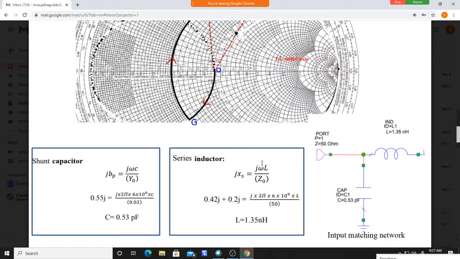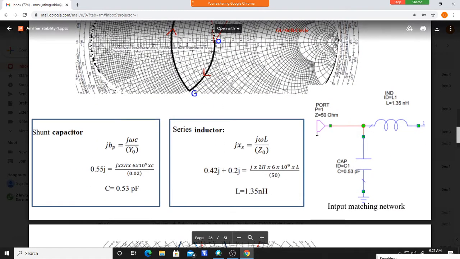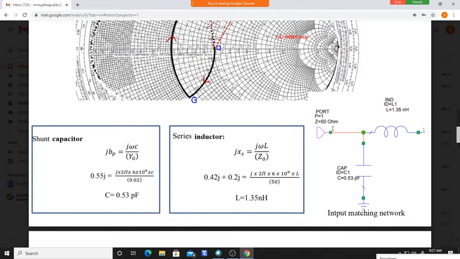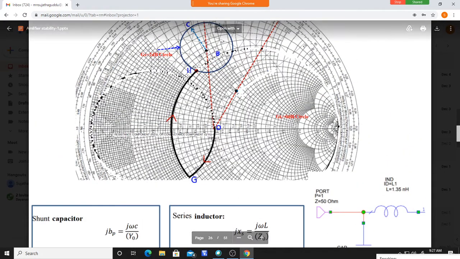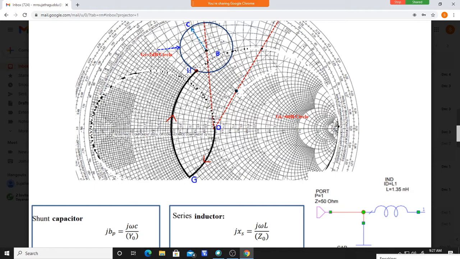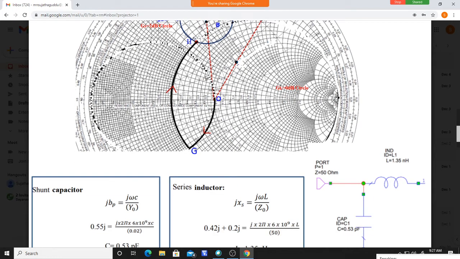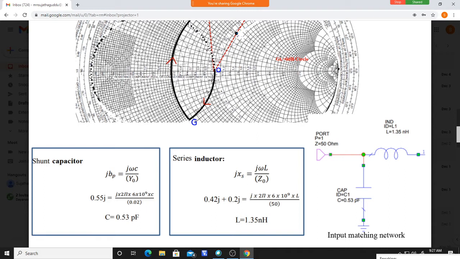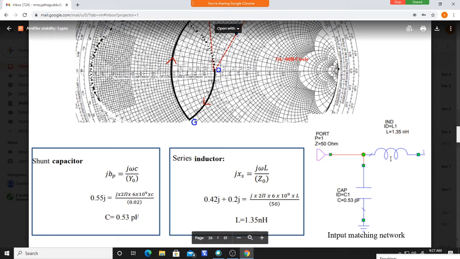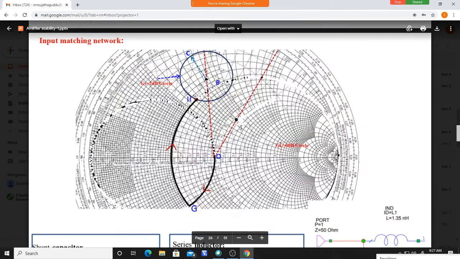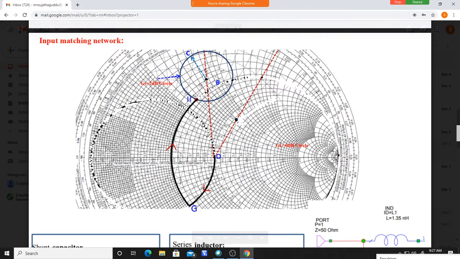To get that, first we marked this 50 ohm. Now from this 50 ohm you should reach this point, in the impedance matching network. In the previous TLW, what we were doing was moving from a random impedance to the center of the Smith chart to get 50 ohm.